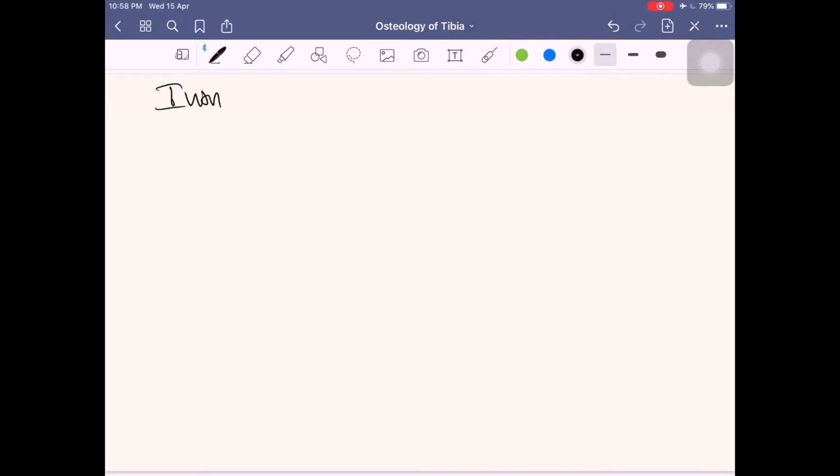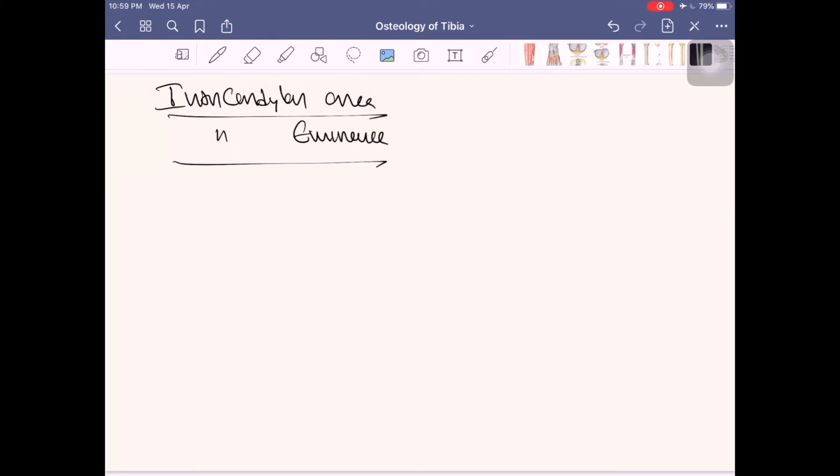There is an area between the two condyles, also called the intercondylar eminence, a projection between the two condyles. It's a rough area on the superior aspect of the upper end of the tibia between the two condyles.